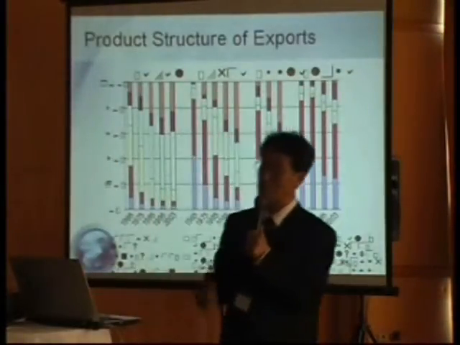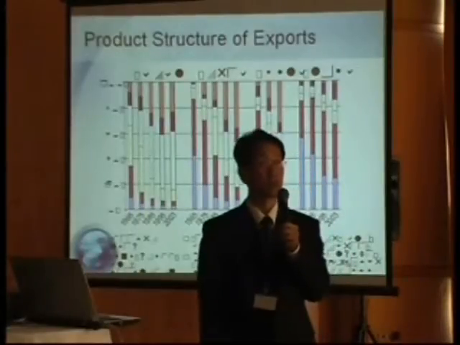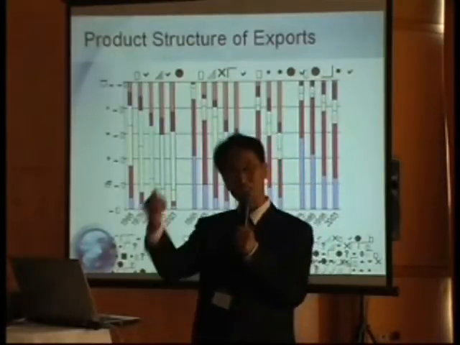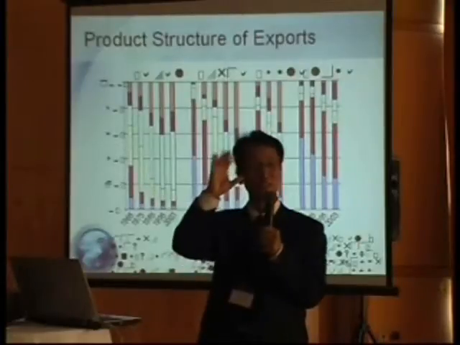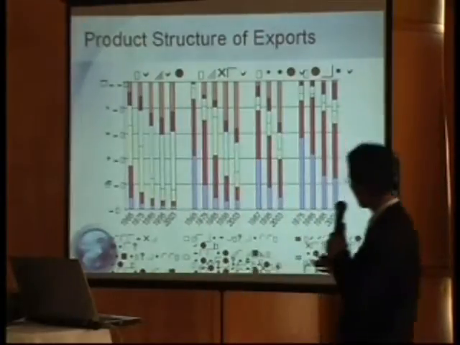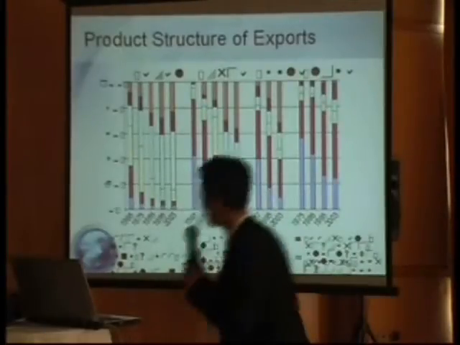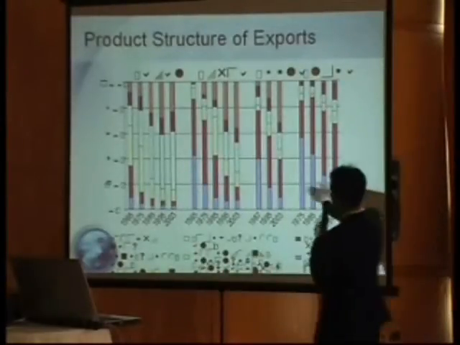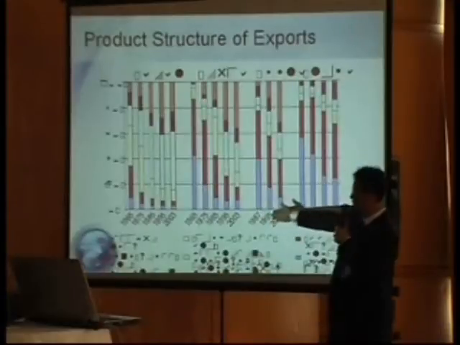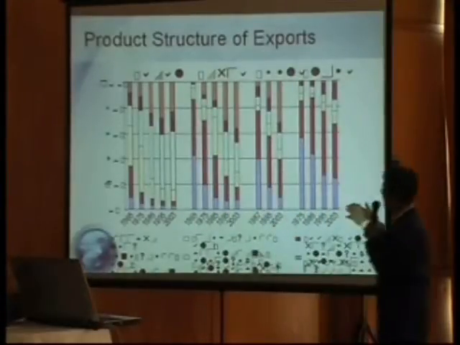And if you see the product structure of exports of Korea, in fact, this statistic does not show the quality, but in quantity, Korea, okay, this is the figure of Korea in 2003. This is Japan, China, and India.